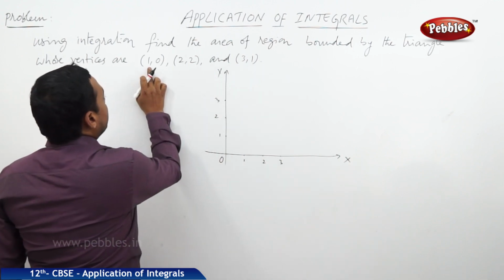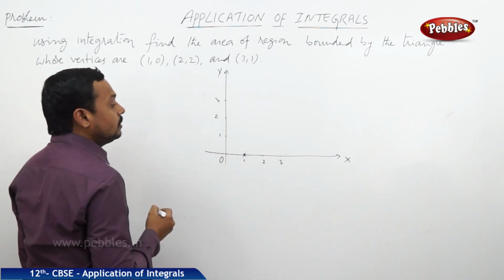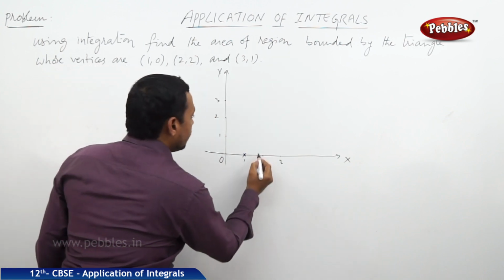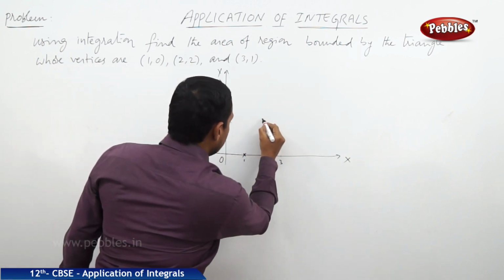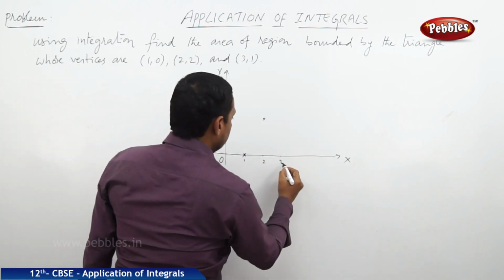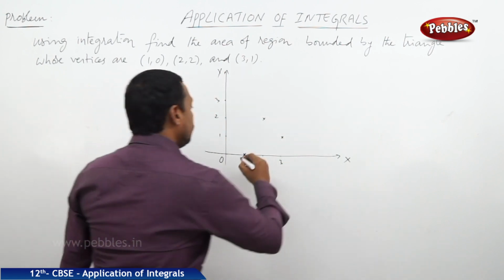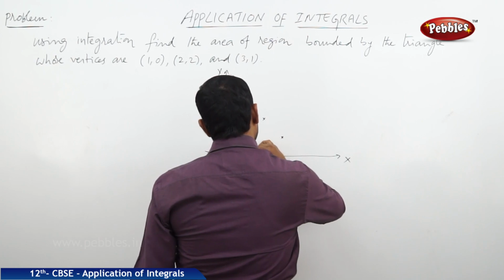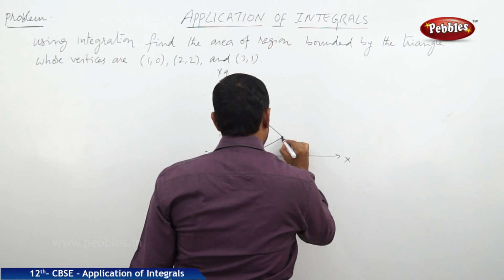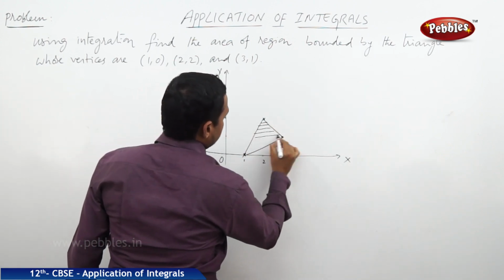Now the first vertex is (1, 0), it is the point on the x-axis. Second point is (2, 2), yes, here it is roughly, and (3, 1) here. Now this is the triangle. That is the triangle formed by the given vertices.